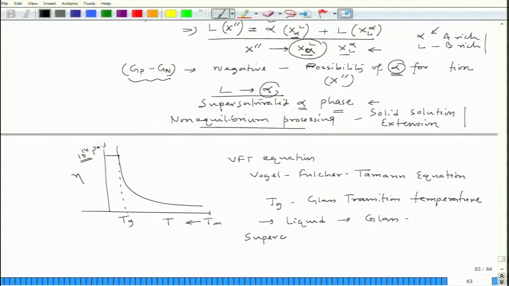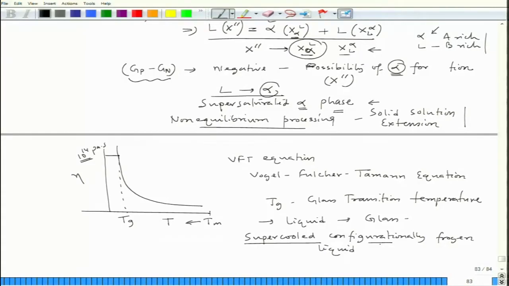supercooled configurationally frozen liquid. Since it is supercooled, why? Because it is dropping the temperature from the melting point.